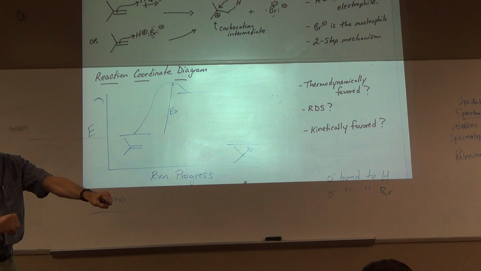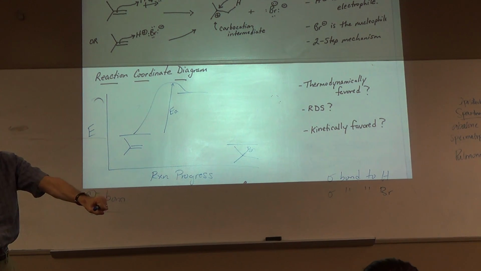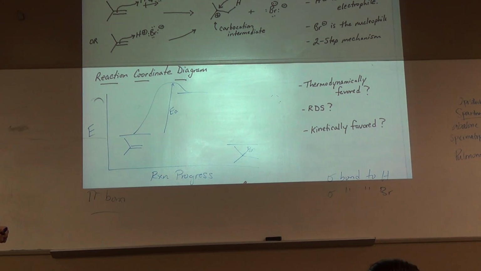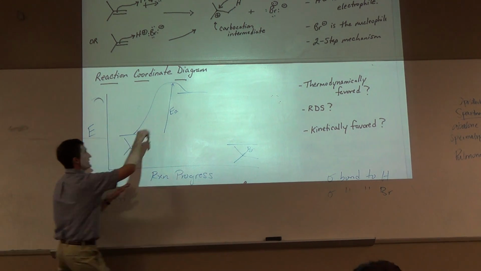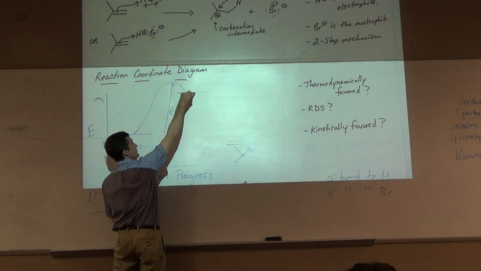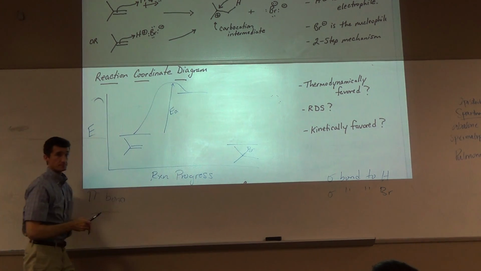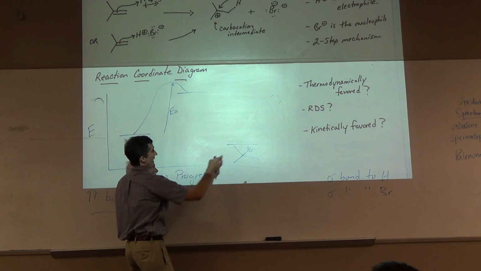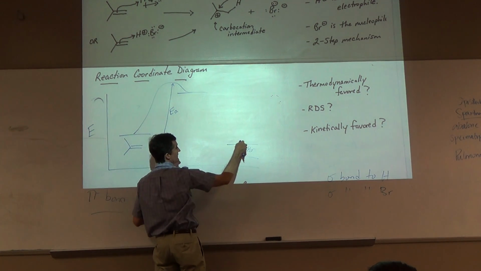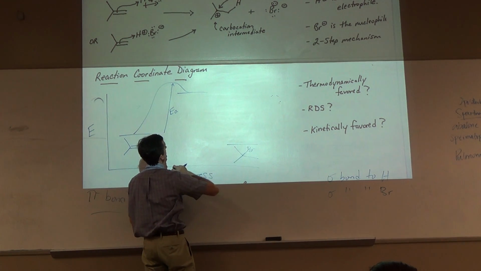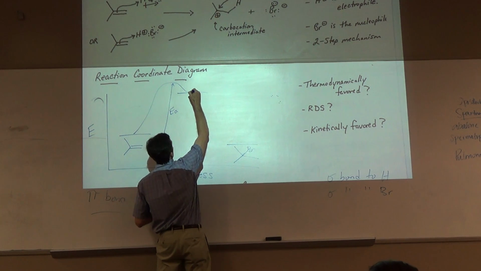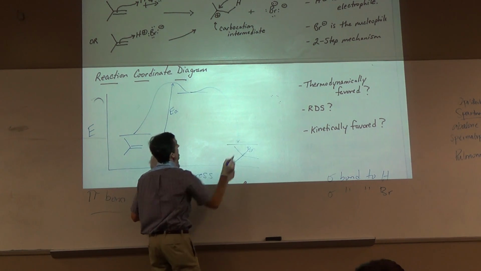It's this process where the bond's being formed. That process is high energy, but once it's totally formed, we then fall into this energy well a little bit lower. There's the true carbocation in the energy well. Now, if we want to fall downhill, how much activation energy do we need? We don't need much. We just need a little bit to get over the hill.